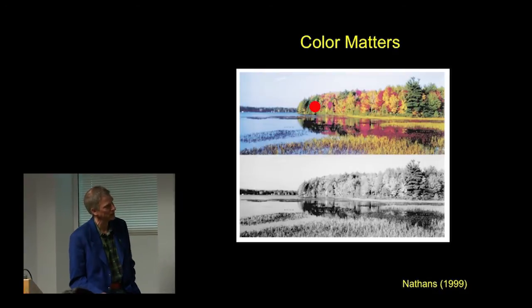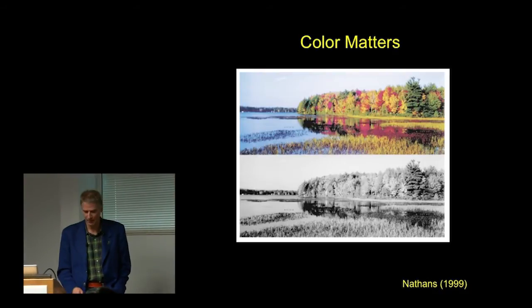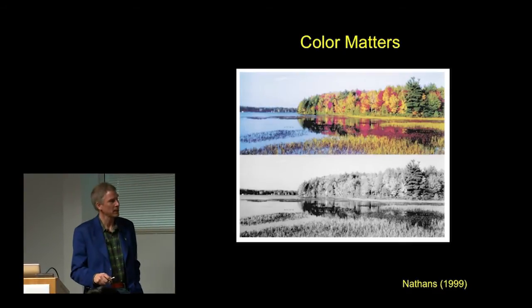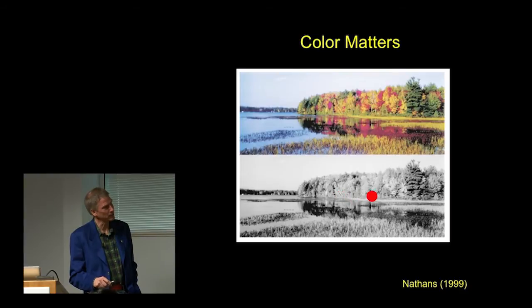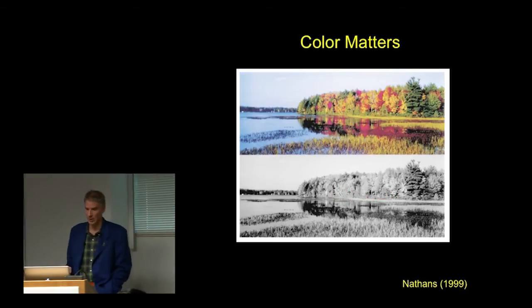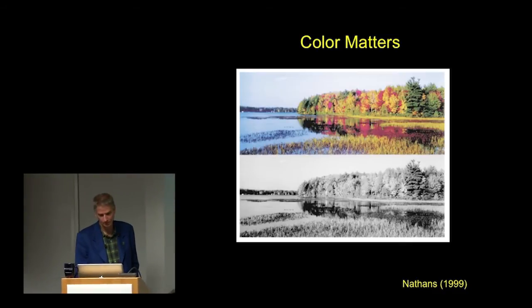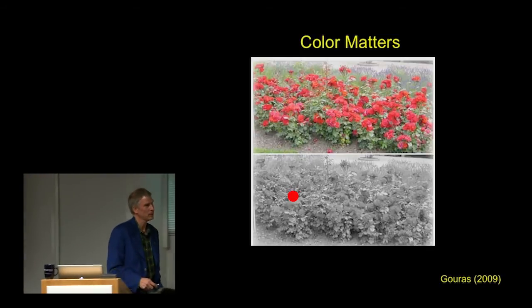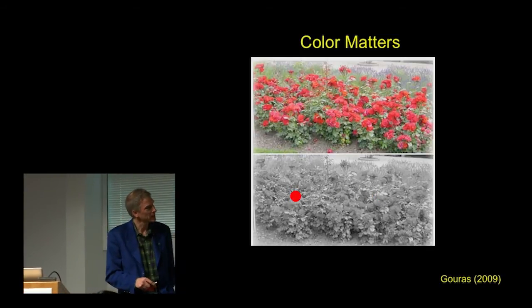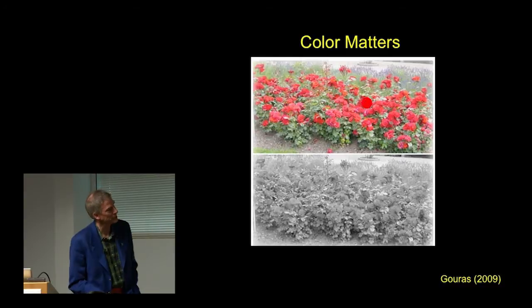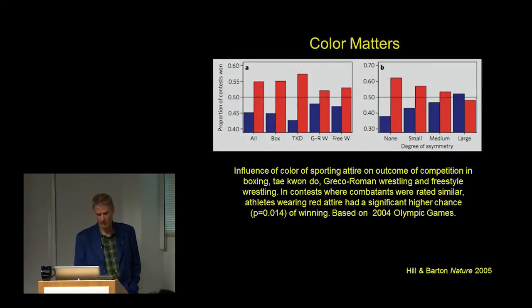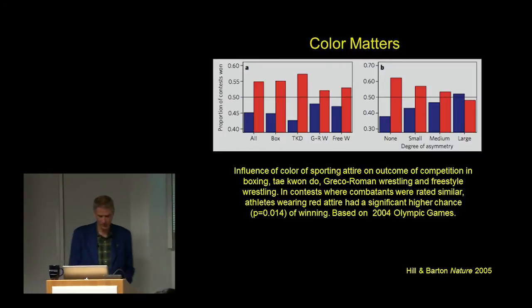In fact, there's a belief that the evolution of trichromacy, what most of us have, where we have three photopigments, is partly driven by foliage and fruits, the ability and the need to recognize the state of fruits and foliage in the forest. Here's another picture. You can't really see the flowers here very well, but here they instantaneously pop out. The colors matter a lot, although it hasn't been that easy to establish that quantitatively.